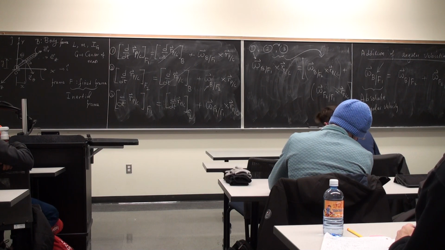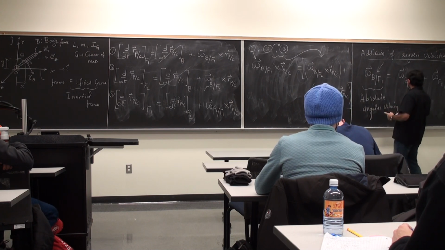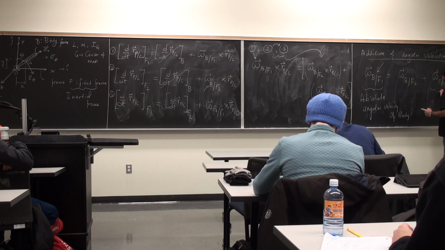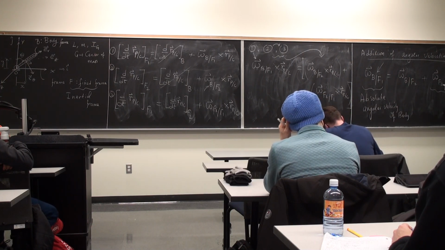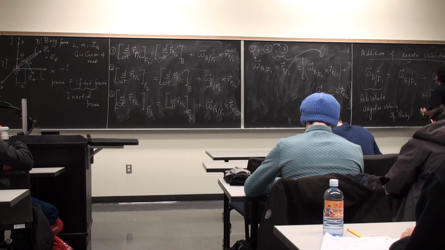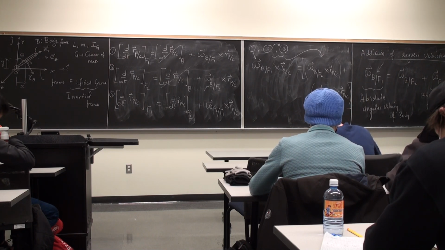Okay? So this is absolute angular acceleration as well. But I should say this is the angular velocity of the body. This is the absolute angular velocity of the frame F2. This is the relative angular velocity. This term.